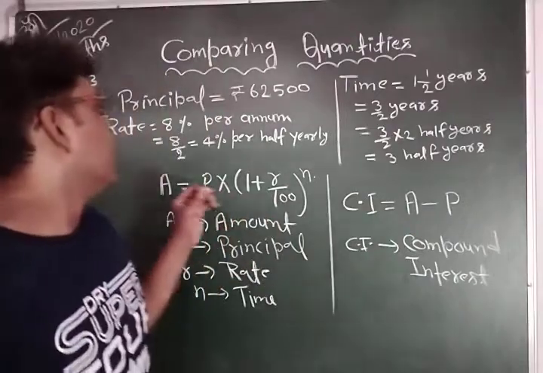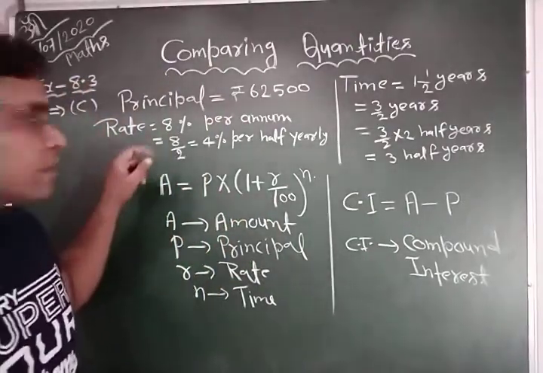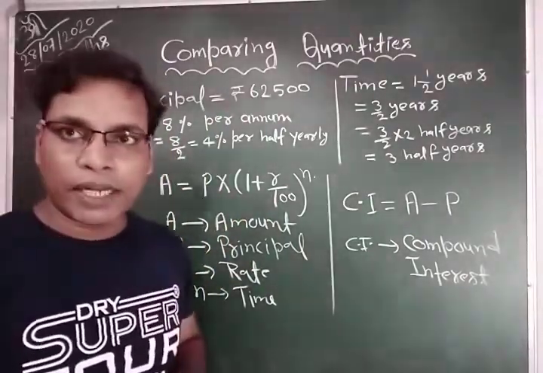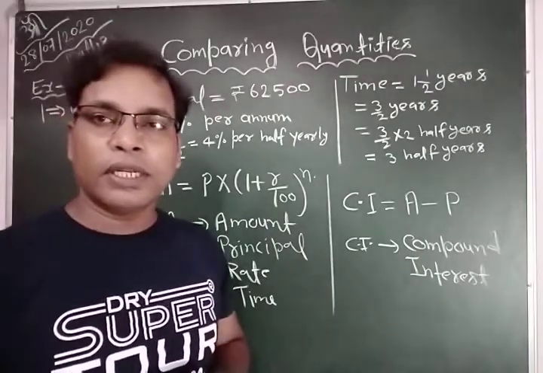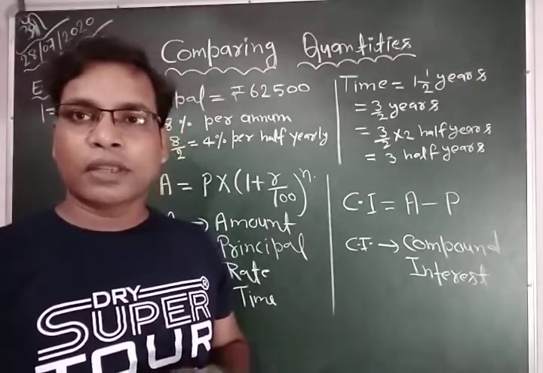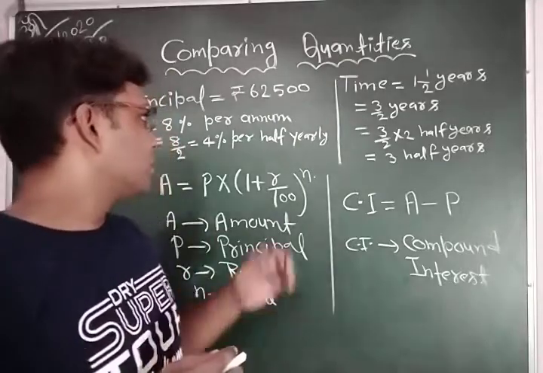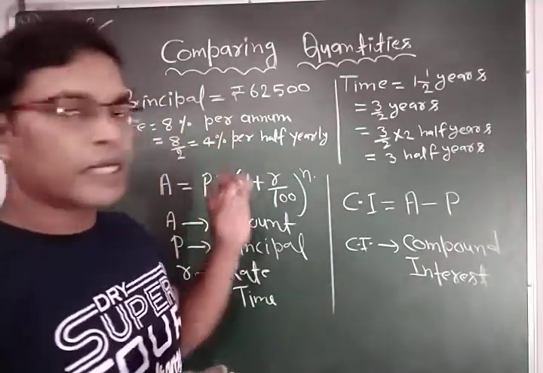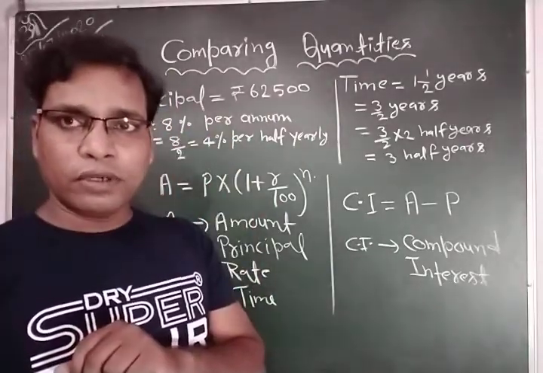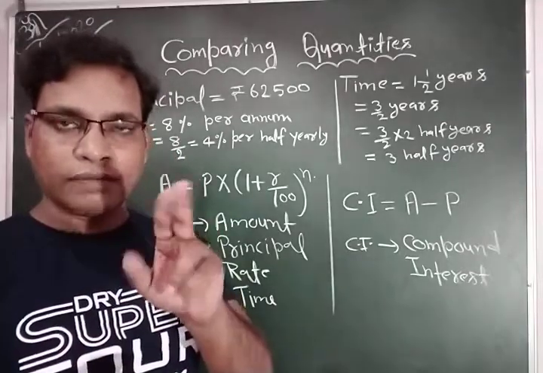Here the rate is given as 8% per annum, but we find the amount and compound interest half yearly. So we divide by 2, because 1 year has 2 half years.